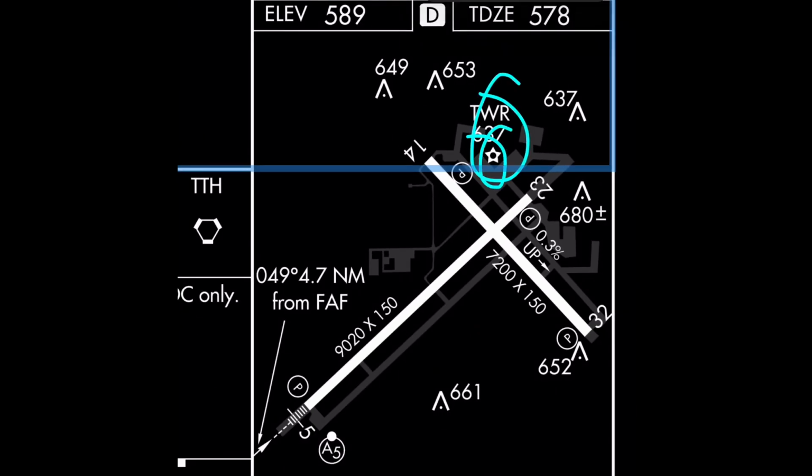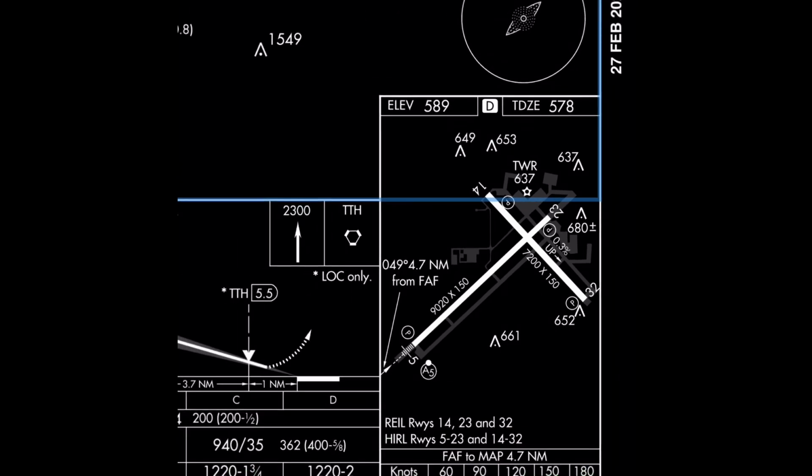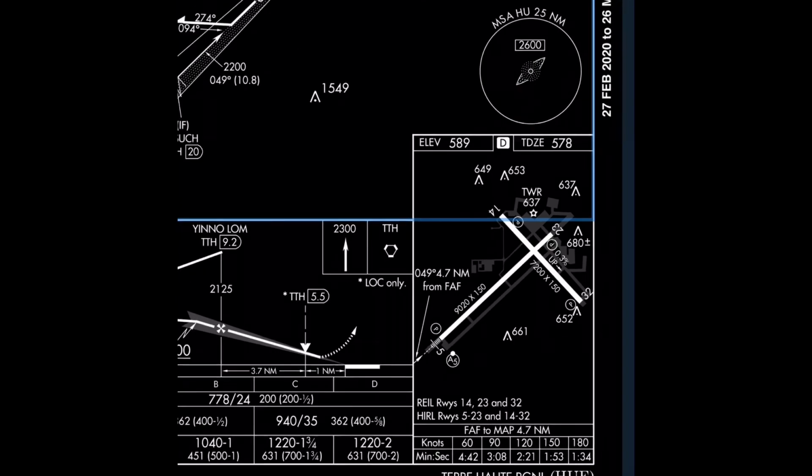This is where the beacon is. And the D right here is indicating that distance is declared on the runway. So, as you've probably seen so far, when you land on runway 5 or 23, any runways here, it will indicate along the runways how far we have left. We have 5,400, 3,000 feet remaining. So this is what this is indicating, that we do have that distance declared on the runway.